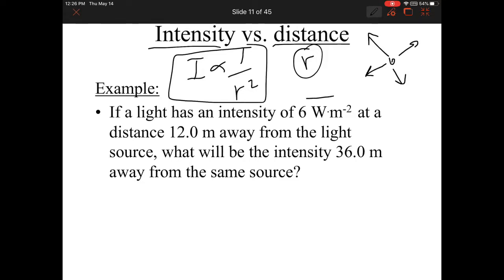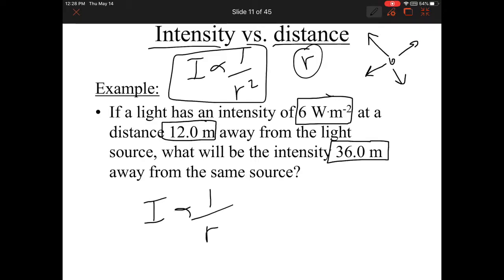I know the intensity of a light source is 6 watts per meter squared. That is the intensity at a distance 12 meters away from the light source. What if you back up to be 36 meters away from the same source? Based on this relationship, that they are inversely proportional to the square, as my radius increases, my intensity will decrease.